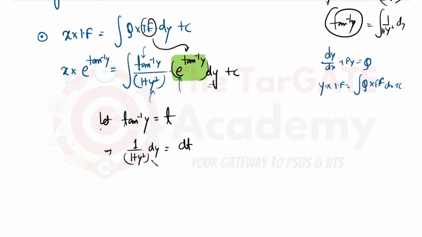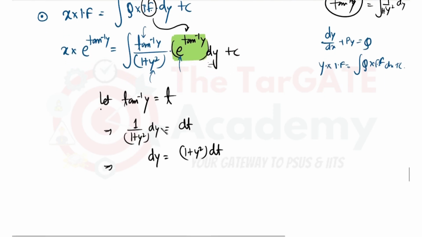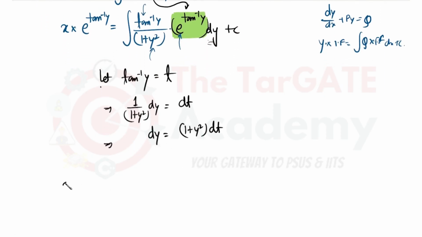Am I clear all of you? So I can write down dy is equal to 1 plus y square dt, and I'll replace dy with this. So if I replace, I'll have x into e to the power tan inverse y, no problem.